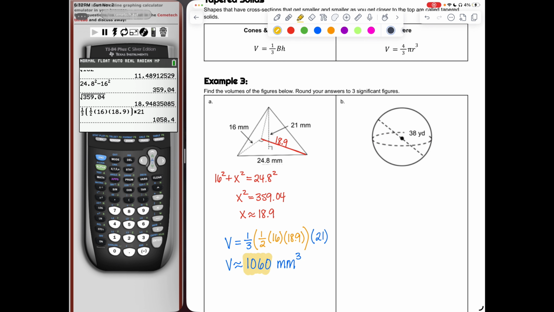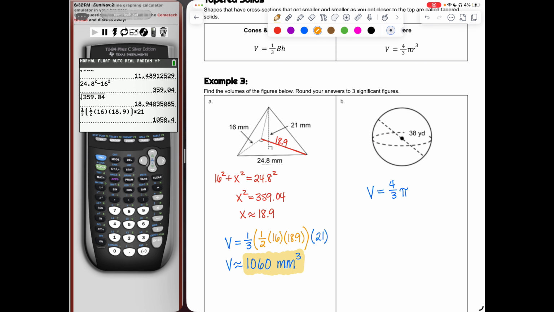The next thing that we want to look at is the volume of the sphere. We already know that our volume is equal to 4/3 times pi times r cubed.